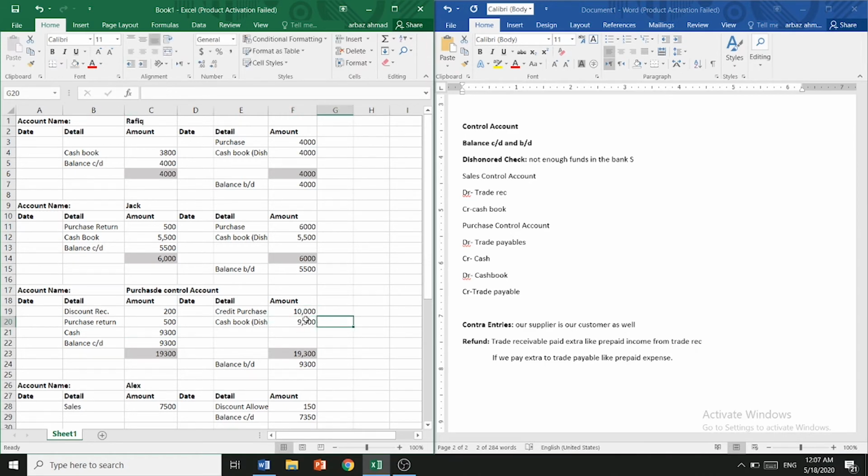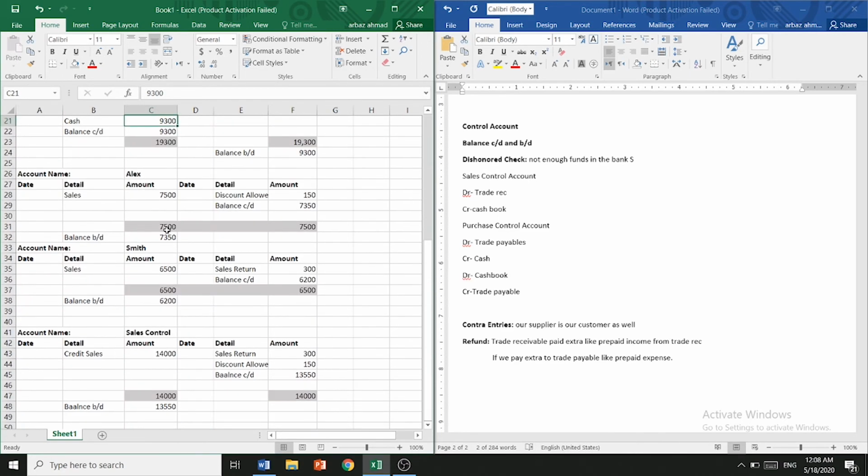So all of my trade payable in this case said that I don't have enough funds and they returned my check. So this is the case. I'm just making it easier to understand, so when you're working on the difficult questions maybe you can easily get the concept, because if you get the concept then it's easy to work with the things.